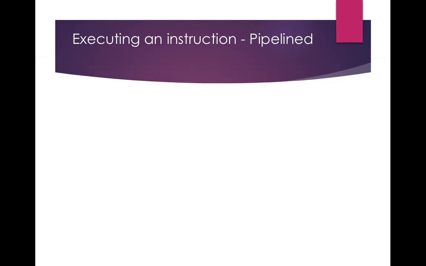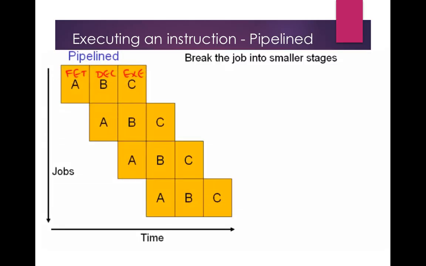But when we go for the pipeline concept, you can see the same concept as manufacturing the car. Here A, B, C, we are breaking the job into smaller stages. Fetching is done at clock cycle 1, decoding at clock cycle 2, and execution at clock cycle 3.